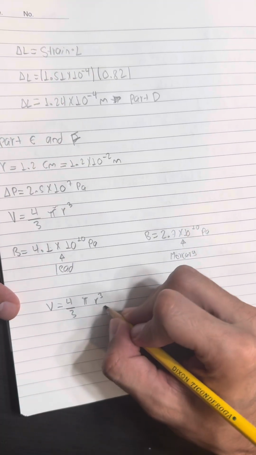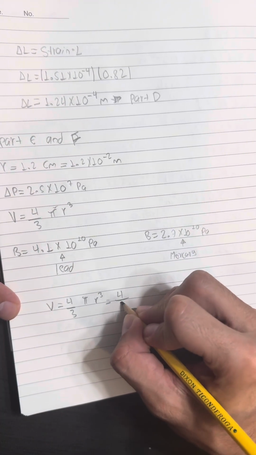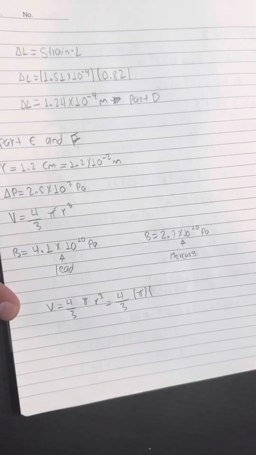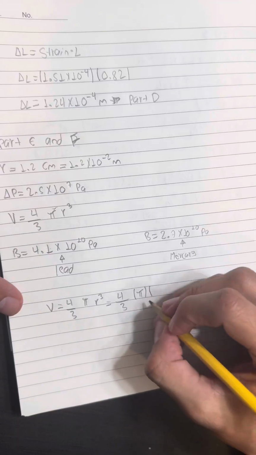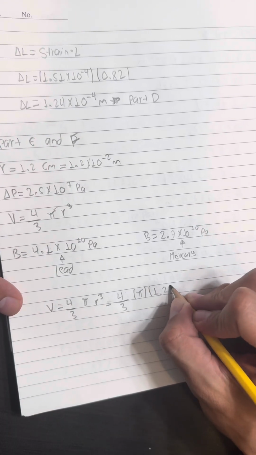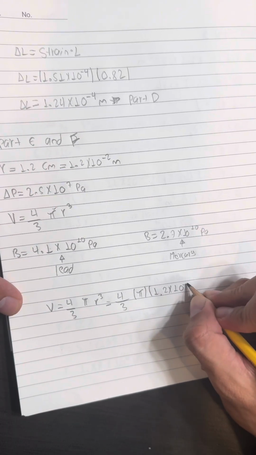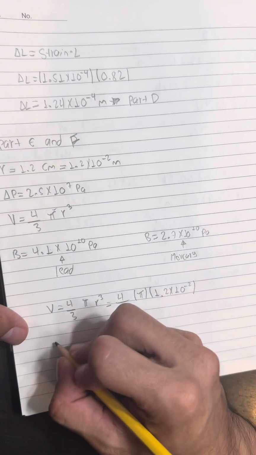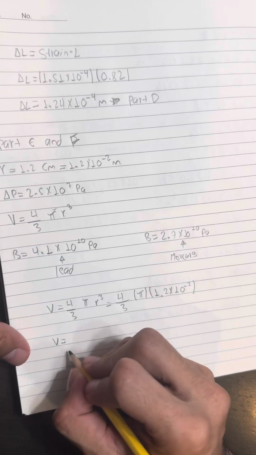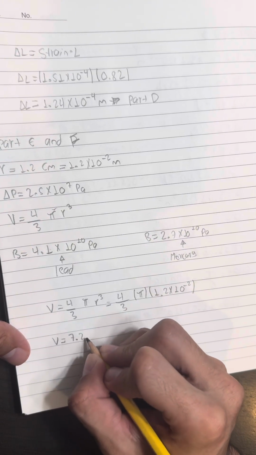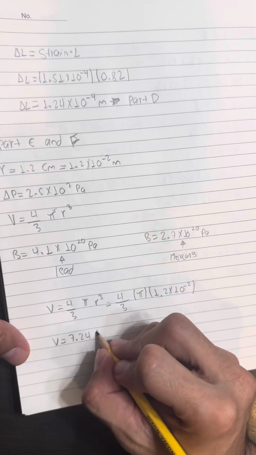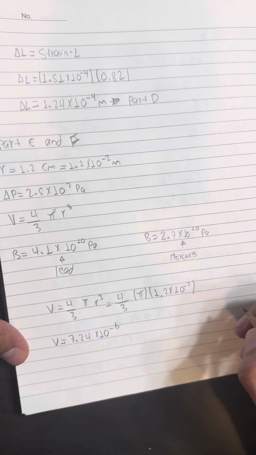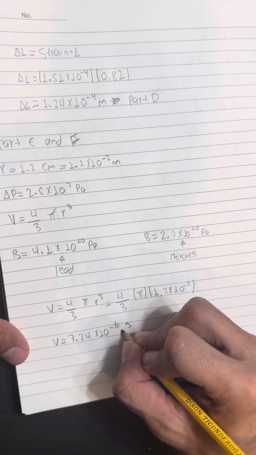So this is going to be equal to 4/3 times pi times the radius, which is 1.2 times 10 to the power of -2, cubed. And when we do the operation, we have volume equal to 7.24 times 10 to the power of -6 cubic meters.